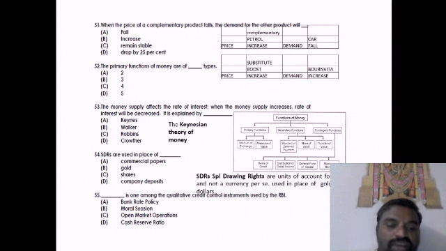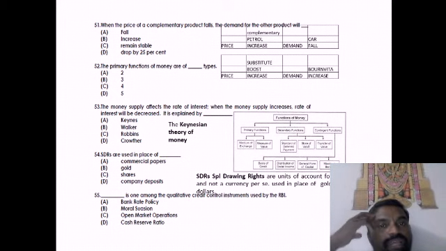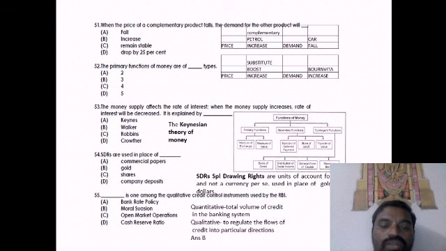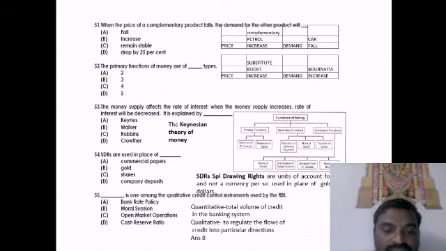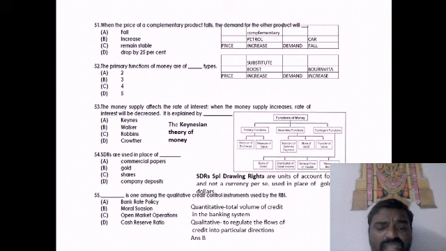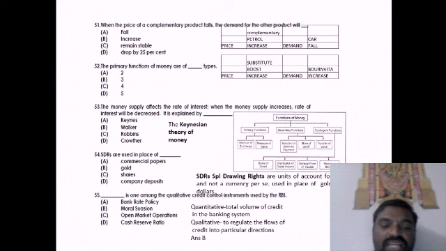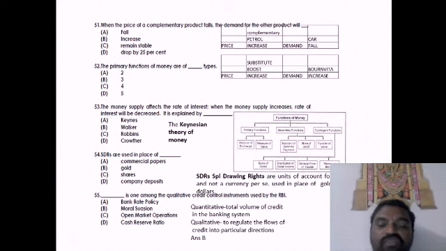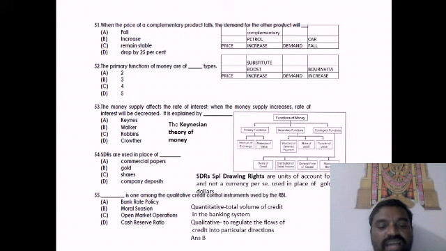And next 55, dash is one among the qualitative credit control instrument used by the RBI. Actually RBI, to control the credit, will use qualitative and quantitative techniques. Quantitative are total volume of credit in the banking system, etc. It affects the volume, whereas the qualitative is to regulate the flow of the credit into a particular direction.